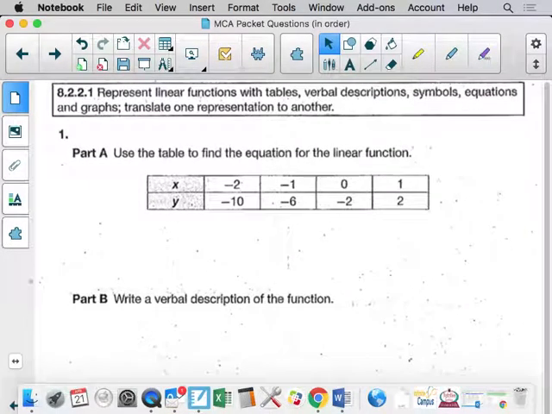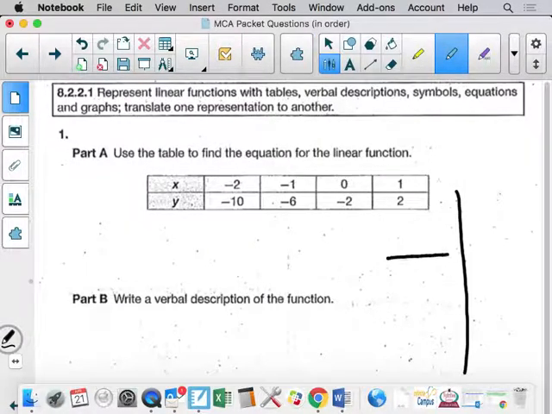For this benchmark, I'm going to take the information in the table and draw a graph, because I think it's easier to find your equation from a graph.